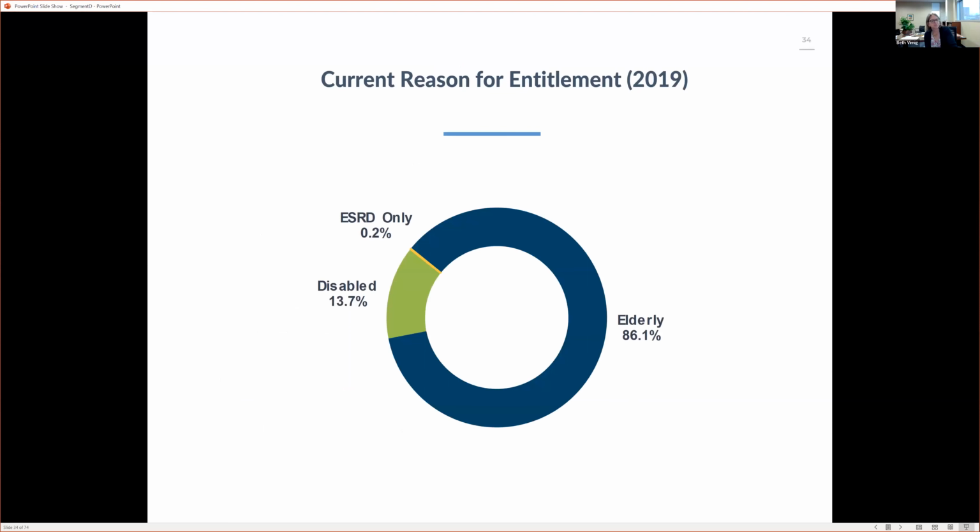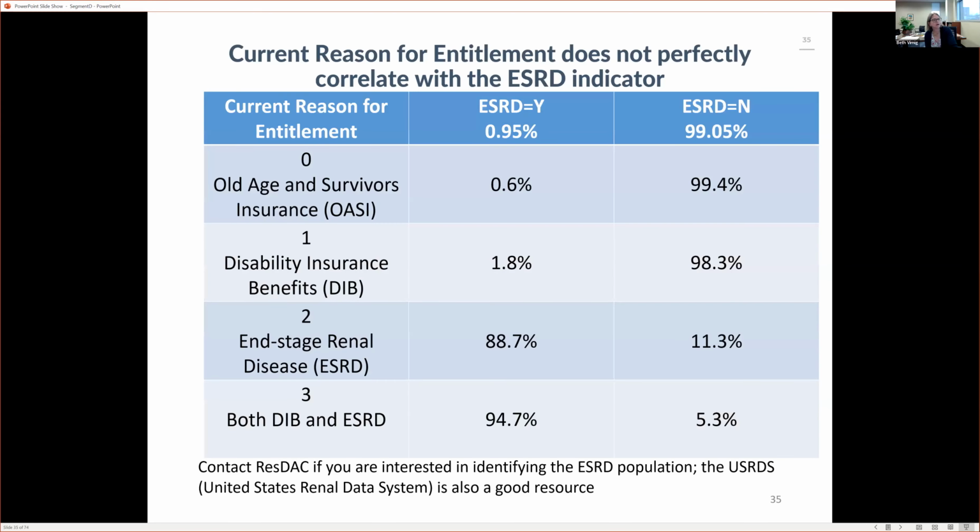So when we look at current reason for entitlement, again, just reminding you, 86% are elderly, 13.7% approximately are disabled, and 0.2% are end-stage renal disease only. Most end-stage renal disease will be end-stage renal disease plus disability. Just remember that the current reason for entitlement and end-stage renal disease do not perfectly correlate. So if you want to find end-stage renal disease people, you need to do some more.